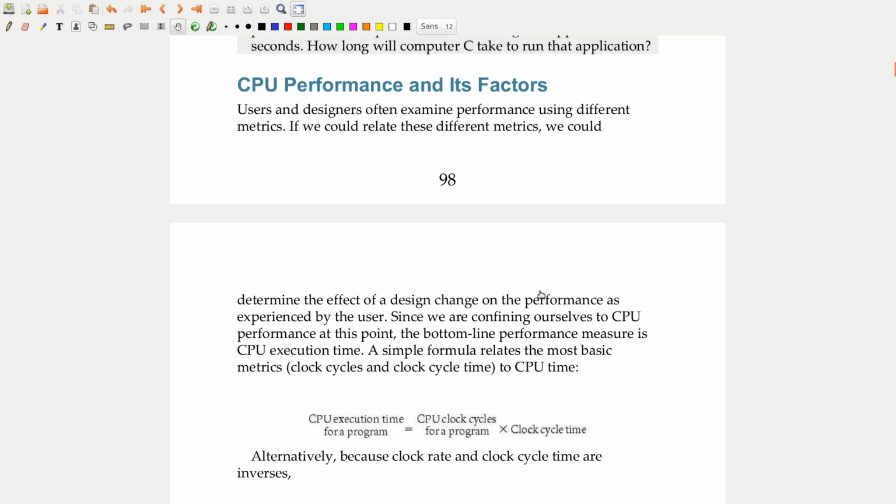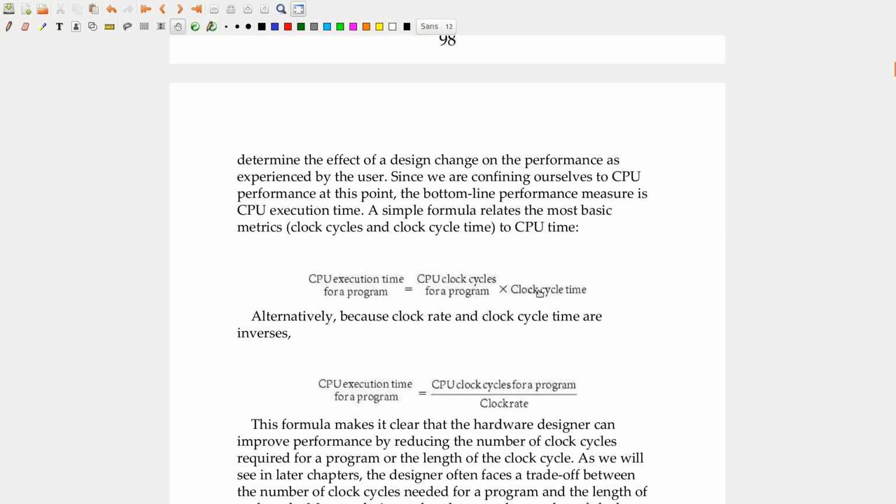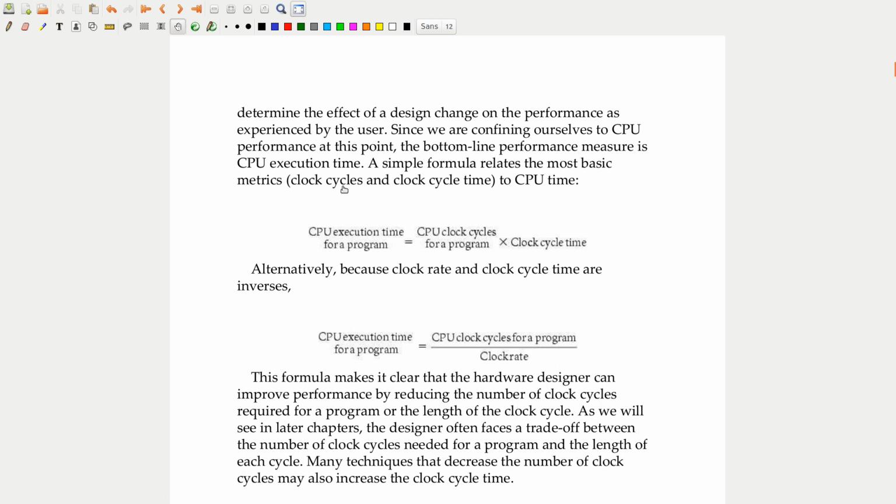So let's get to CPU performance and its factors. So when we're talking about CPU performance, we're generally referring to something like this. We're generally looking at CPU execution time, which is calculated by the clock cycles. So this is what it takes to do each instruction. Each instruction is usually done in a single cycle for a single cycle processor.